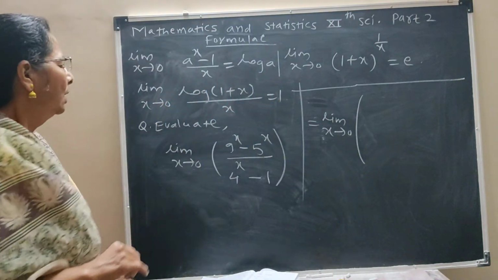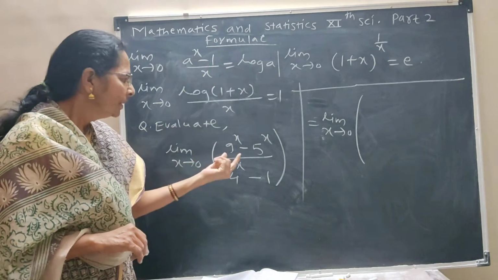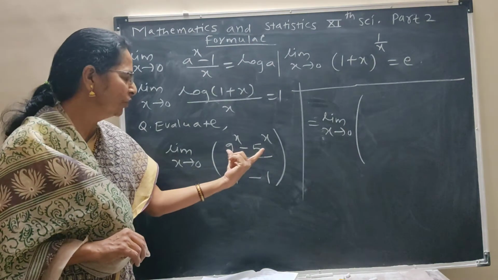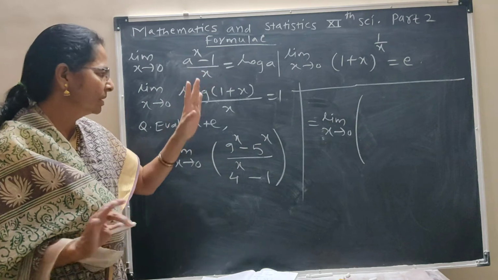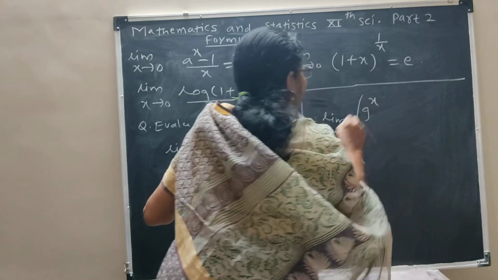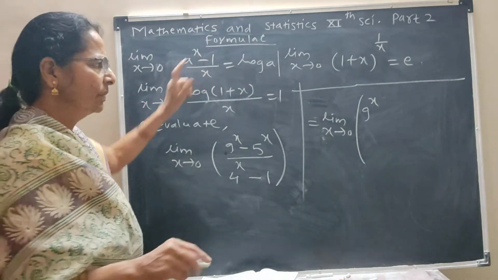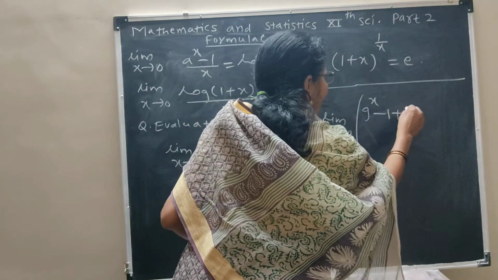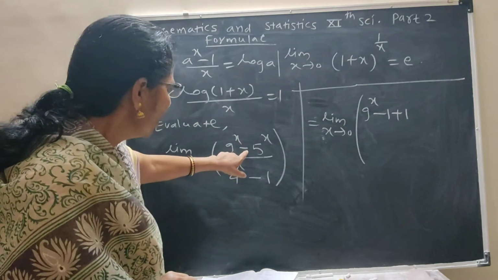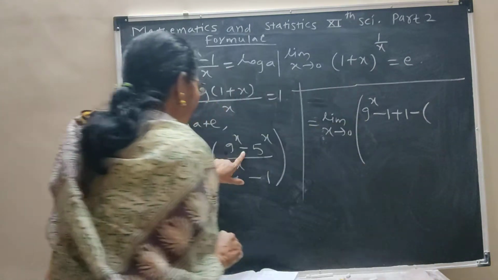Now look at this formula. Here is minus 1 there, so in these terms we have to adjust minus 1. Here it is adjusted, but at numerator we have to take minus 1. Look, 9 raised to x: for formula adjustment we have to take minus 1, so take plus 1. From this term, take minus outside.